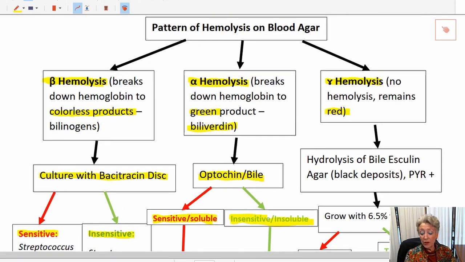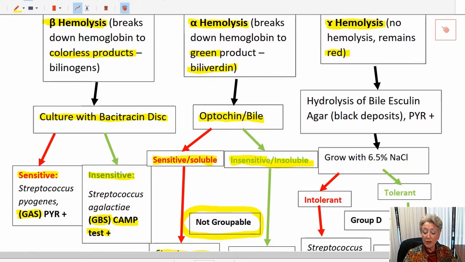My final category, the gamma hemolytic ones, these are the ones where there has been most taxonomic change, and it really is still being reorganized as we speak. But the best test for these guys is that they will make black colored pigments on bile esculin agar. They're distinguished from one another on whether or not they tolerate high levels of salt.